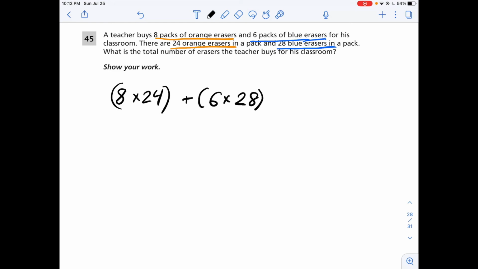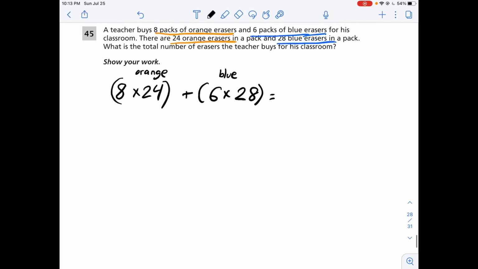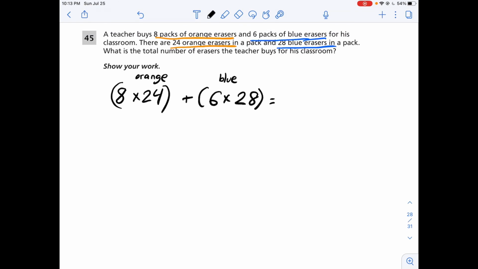So this over here, 8 times 24 represents the orange erasers, and the 6 times 28 represents the blue erasers. And now we can solve. Okay, so we have to do 24 times 8 and 6 times 28. Okay, we'll do this with the algorithm, and then I'll show you an alternative method.